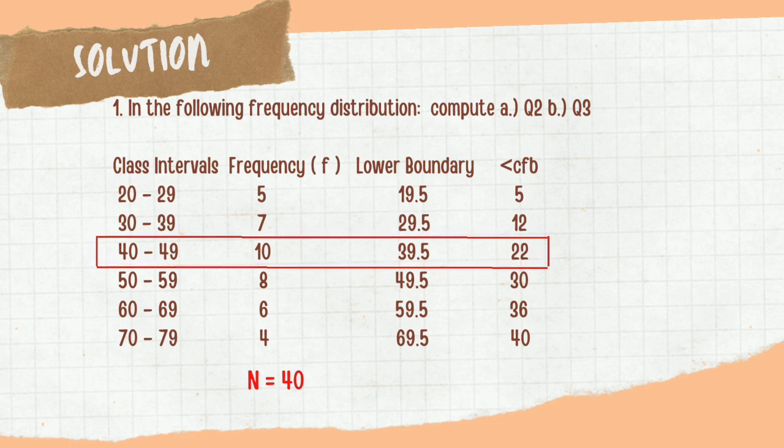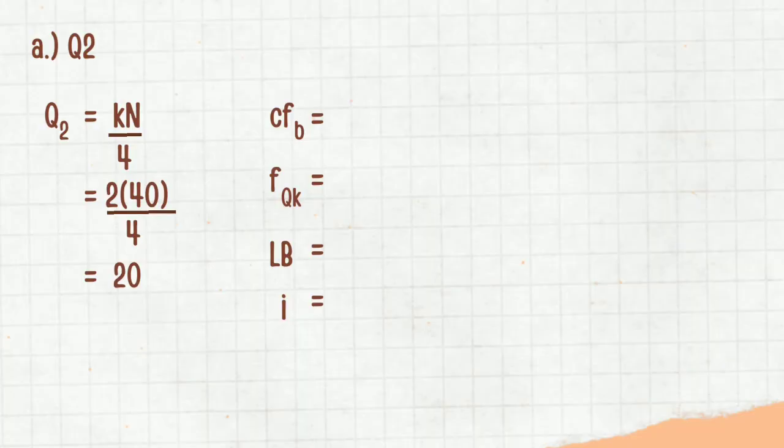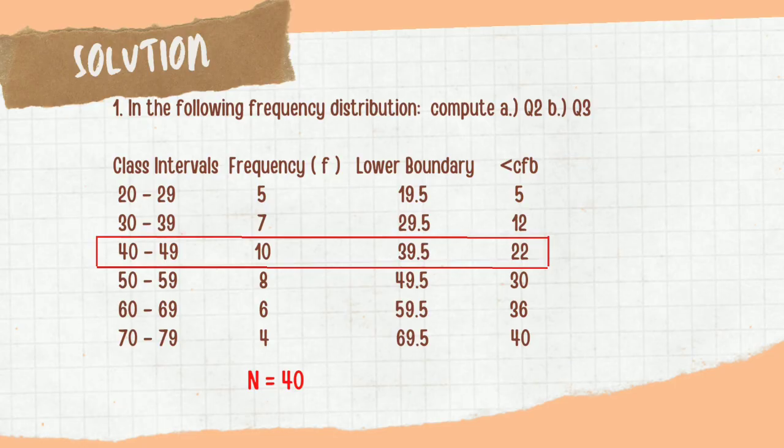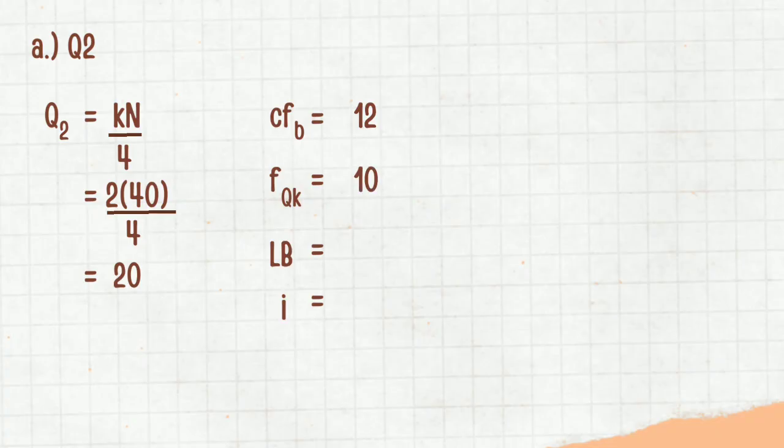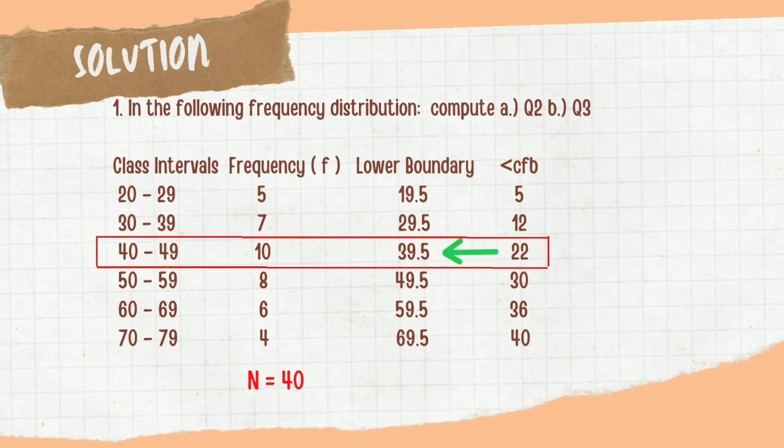The CFB is the cumulative frequency before the class. So the cumulative frequency before the class is 12, which is here. You have to base here, and before it is 12. So the frequency of the class is 10. The lower boundary of the class is 39.5.